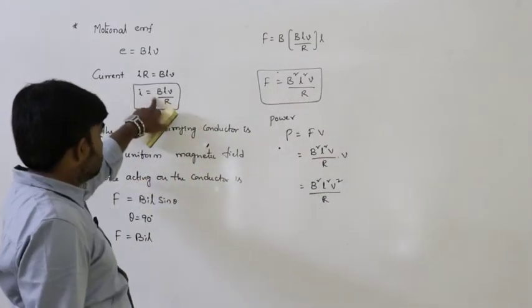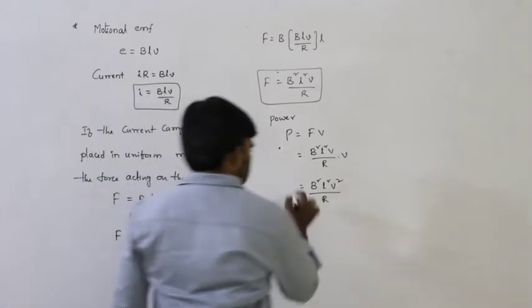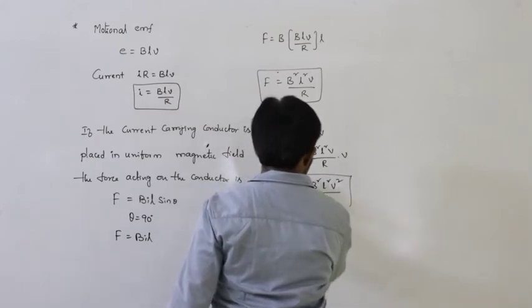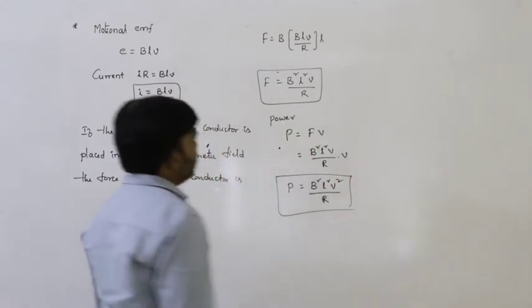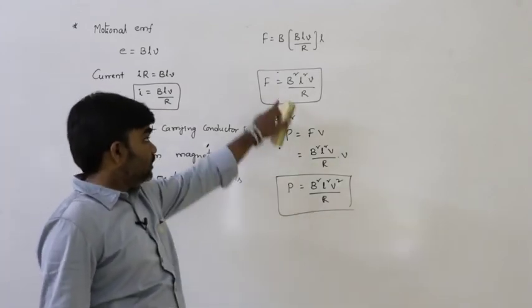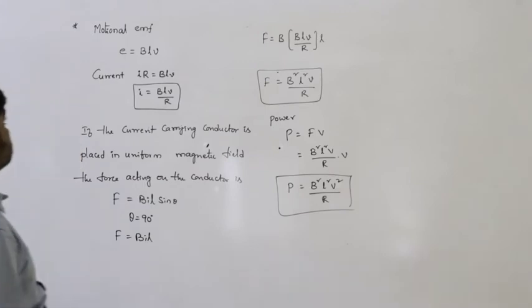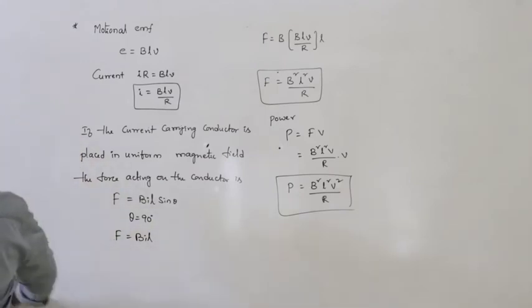I square R, B square L square V square by R square into R. Same we can get. This is the power developed. F is the force and this is the power. That is the situation. That is motional EMF.